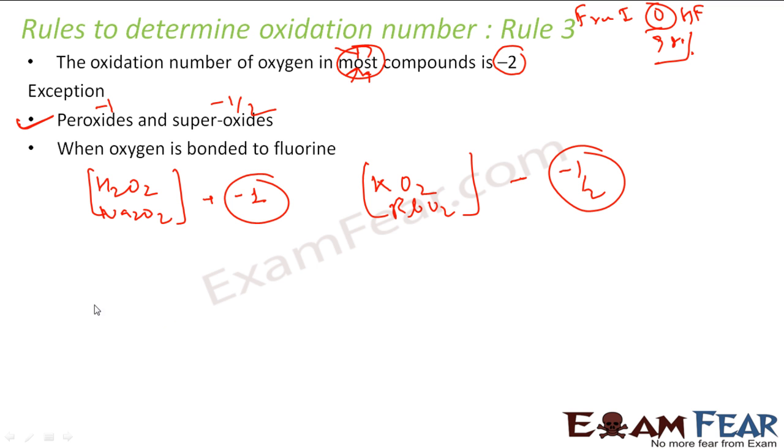Also, when it is bonded with fluorine, it is different. For example, if it is OF2, it is +2. If it is O2F2, it is +1.